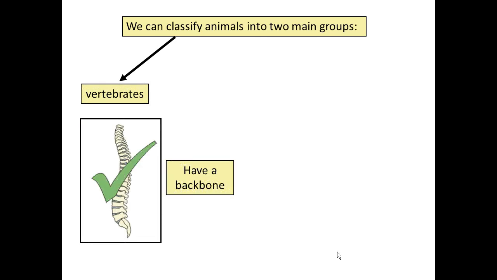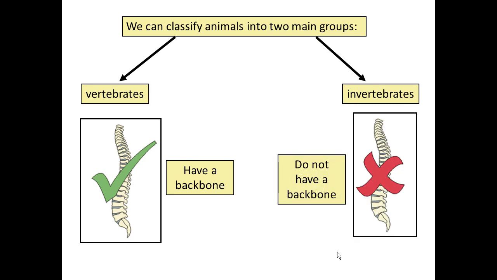The first thing that we can say about the animal kingdom is that we can classify it into 2 main groups. The 2 groups are vertebrates, which are called this way because they have a backbone, and invertebrates, which are called this way because they do not have a backbone.